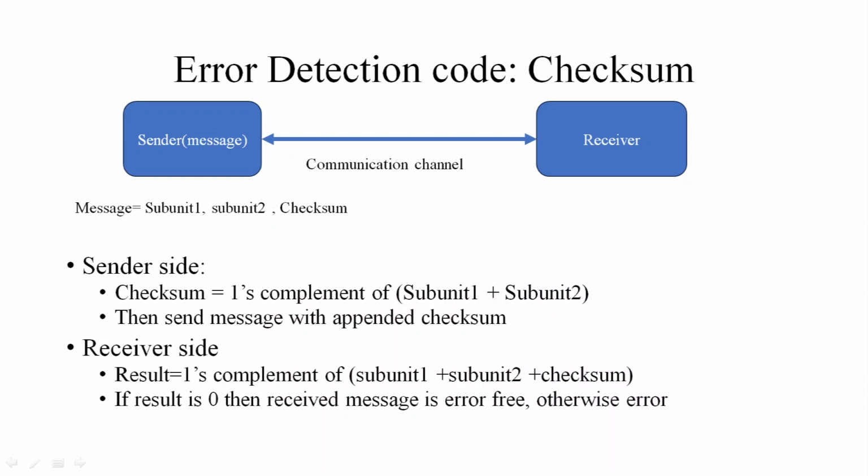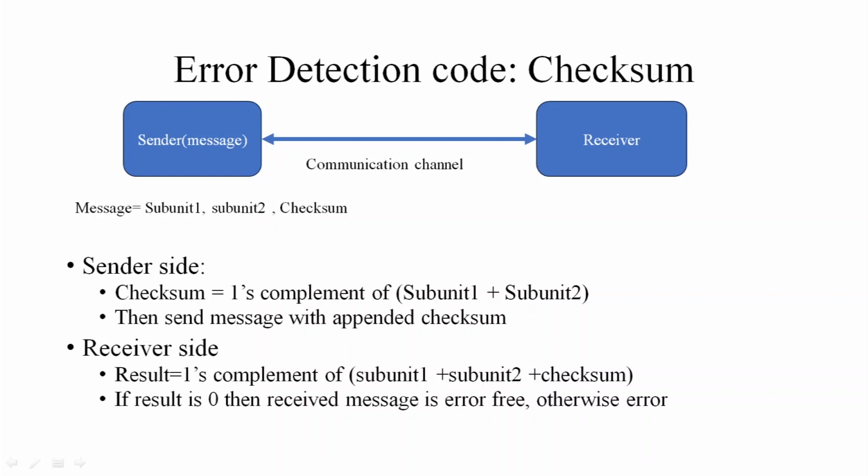Another technique is error detection code. Here we use a checksum technique. Using a checksum, when the sender sends a message, it includes a checksum with that message, and the receiver checks whether the message that arrives is correct or contains some error.